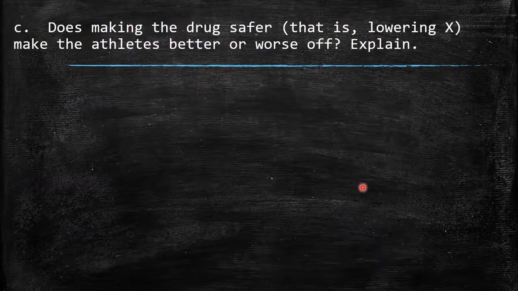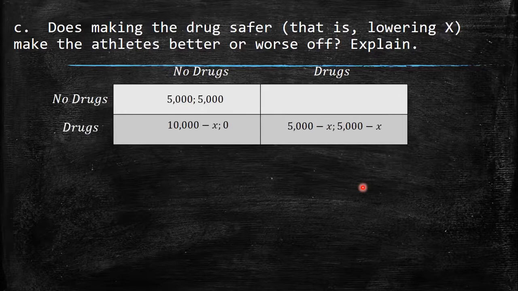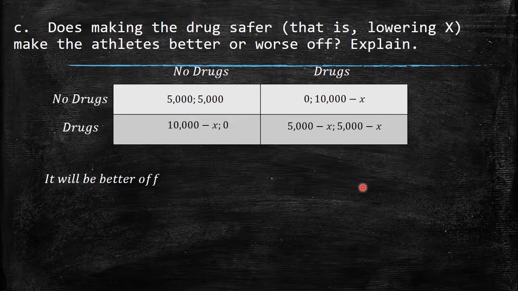Okay, then does making the drug safer, that is lowering x, make the athletes better or worse off? Explain. This is really interesting because I realized two situations. First, we have this one, so then they will be better off. Why?